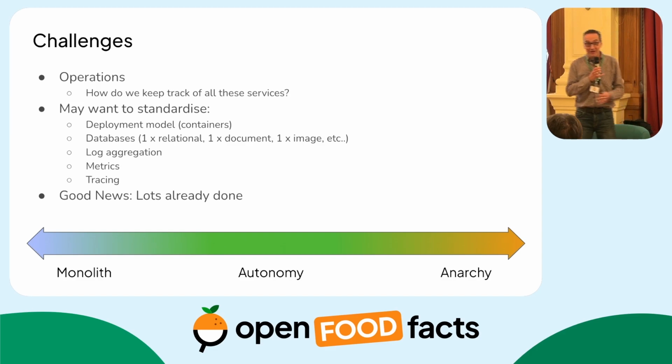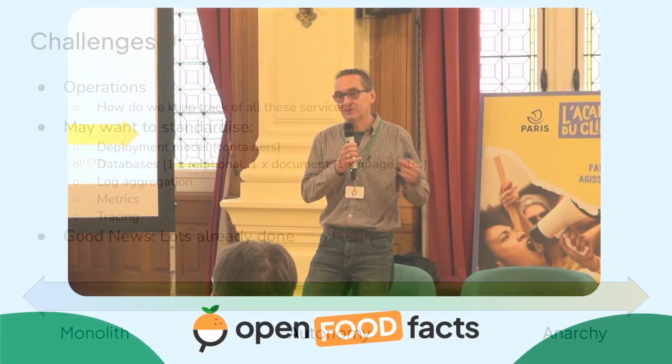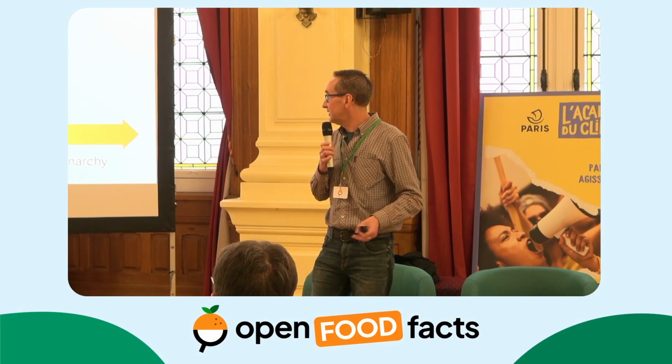So we've got 100 different services all doing different things. That could get very scary from a maintenance perspective. So there's lots of things you can standardize on. Maybe only have one type of database for certain types of things. Standardized logging, standardized metrics, those sorts of things, just to make it a little bit easier to manage.